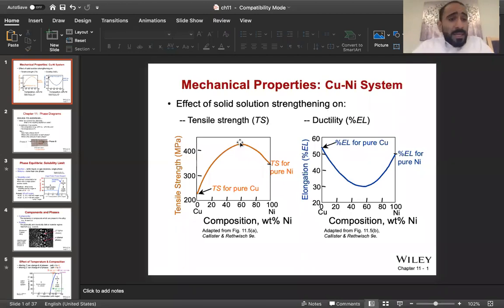Okay, and before I start today's lecture, I would like to remind you with this slide. If you remember, we said that by doing solid solution alloying, we can increase the strength of the material.